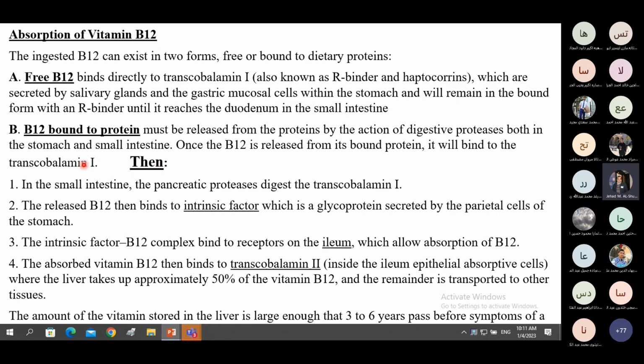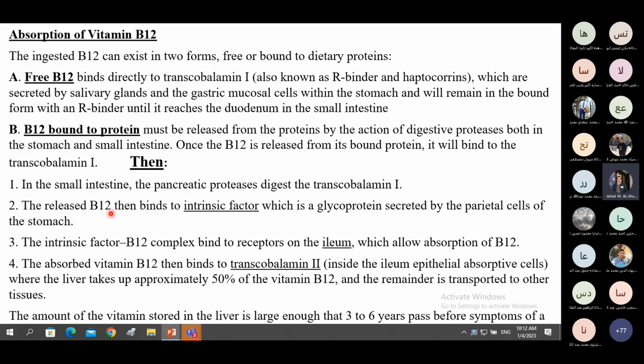Thus, now all B12 is bonded with transcobalamin 1. Then what happens? The pancreatic proteases in the small intestine digest transcobalamin 1, destroy it. Then B12 is not bonded with anything.